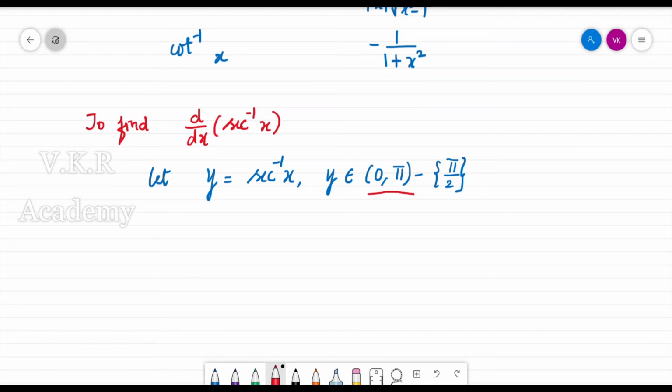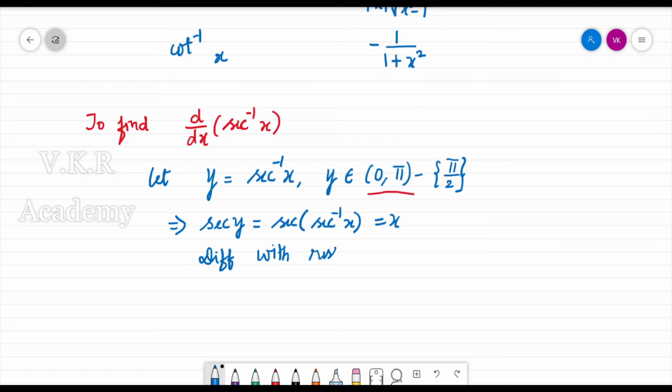So this implies, applying secant on both sides, we get secant y is equal to secant of secant inverse of x, that is equal to x. Now differentiate with respect to x.